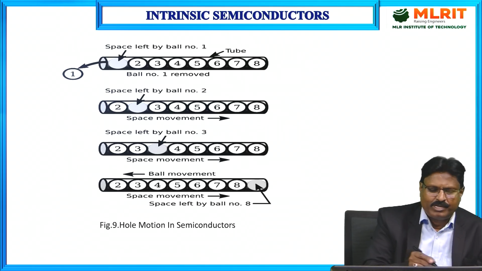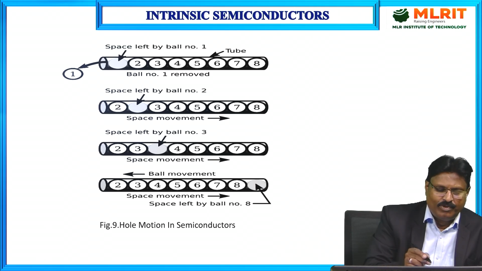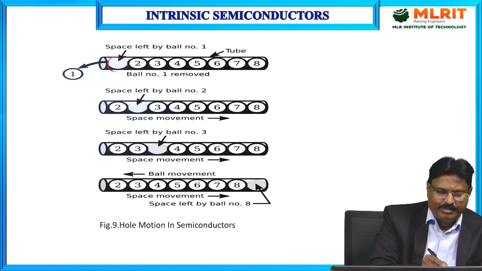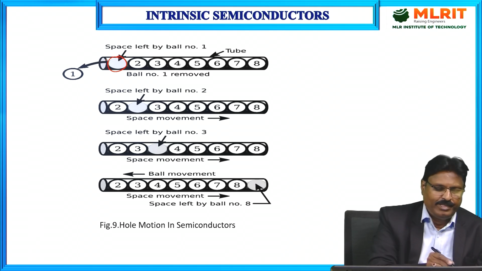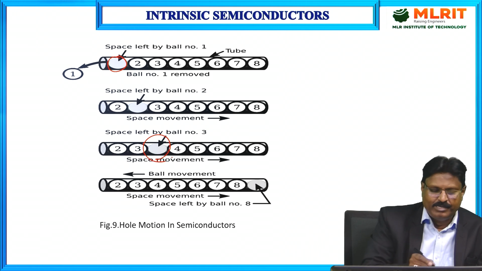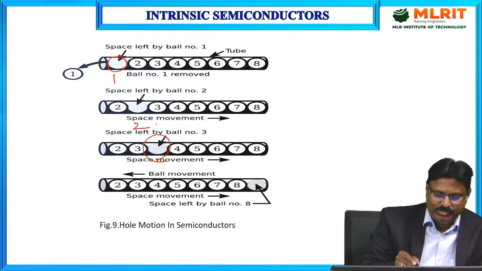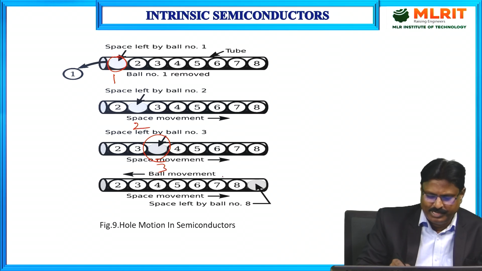So how the hole is contributing to the flow of current, let us see here. A vacant space is created by ball 1, which is occupied by ball 2. So the vacant space is moved here, and the third ball is entering into this vacant space, creating a space here. So the positions are changed. First the space is created here, next it is moved to this position, next it is moved to this position, like this.